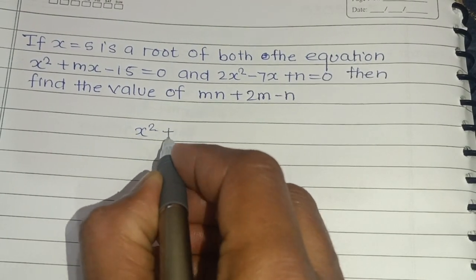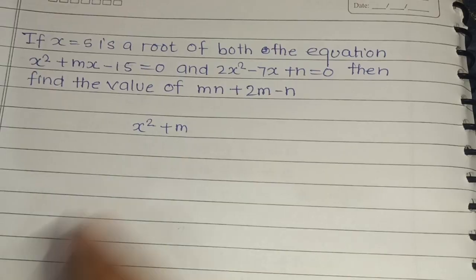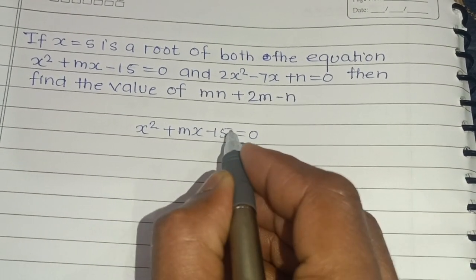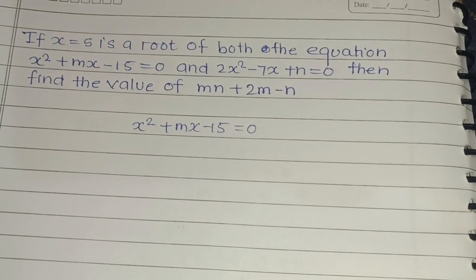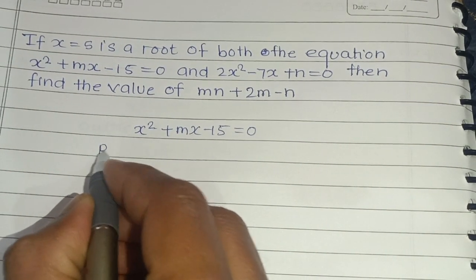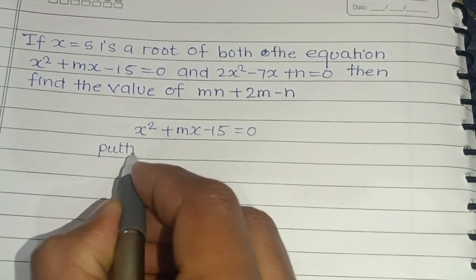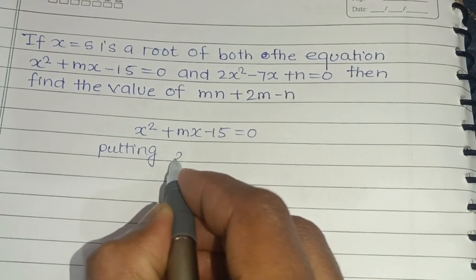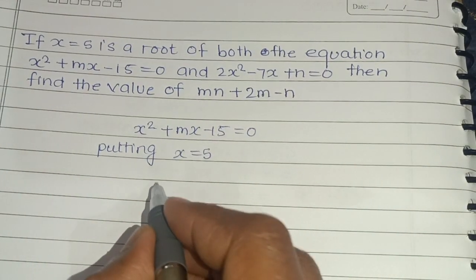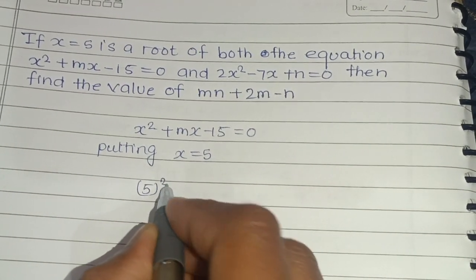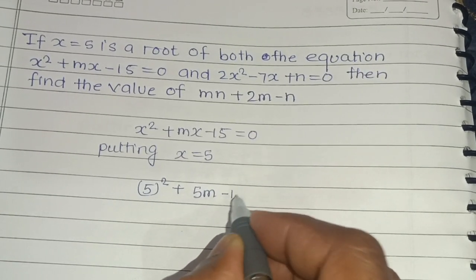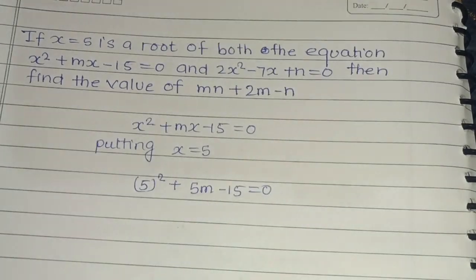So first of all we will write x squared plus mx minus 15 is equal to 0. So putting x is equal to 5 in this equation, we will get 5 squared plus 5m minus 15 is equal to 0.